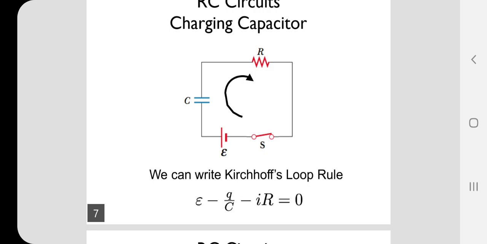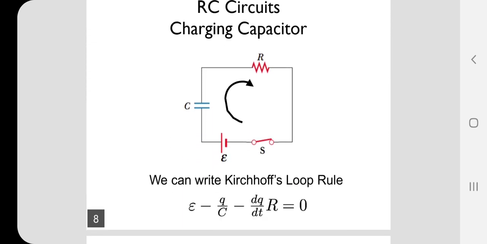The voltage across the capacitor is given by Q is equal to CV, so V is equal to Q by C. The drop across the resistor is I into R, because the current I flows through it. So E minus Q by C minus IR is equal to 0, according to Kirchhoff's voltage law.